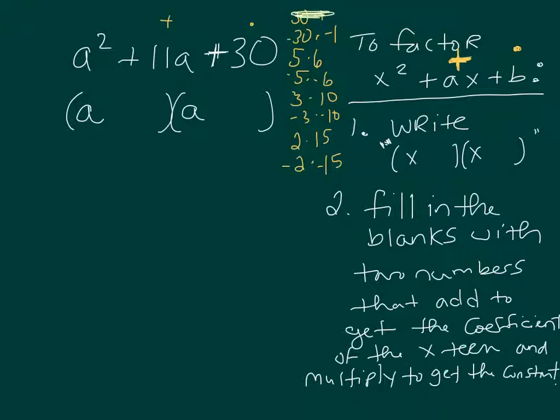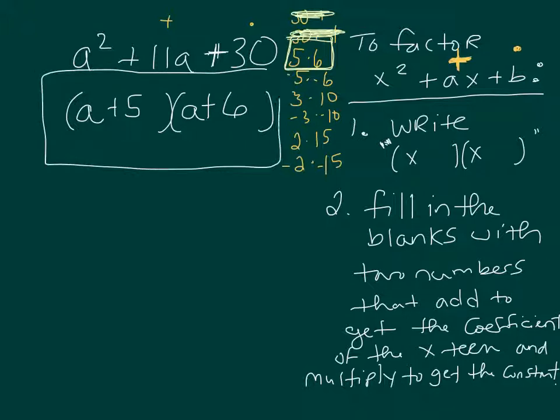Negative 30 and negative 1, that's negative 31. That's not 11. 5 plus 6, 5, 6, 7, 8, 9, 10, 11. 5 plus 6 is 11. So that's exactly what I want to use, a positive 5 and a positive 6. So a plus 5, a plus 6 is our full factored form.